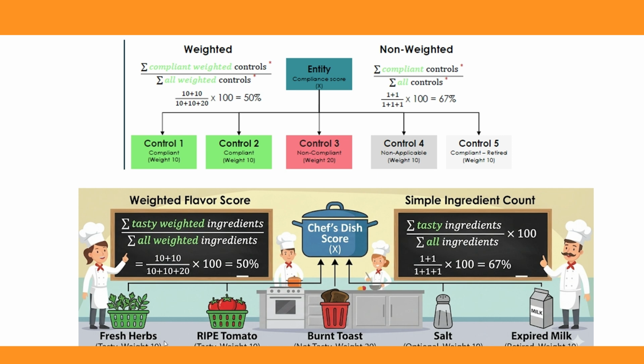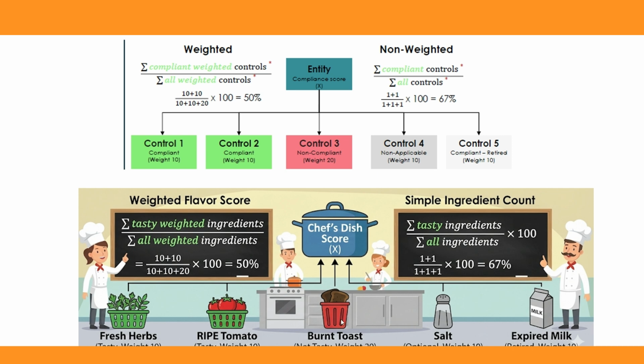So let's try to understand some math here. Success is 10 for the herbs plus 10 for the ripe tomato, plus the burnt toast, which is coming to around 40. Now the calculation will be the ones considered, which are fresh herbs and ripe tomato, divided by the total of the ingredients which will be considered, which is fresh herbs, ripe tomato and burnt toast.